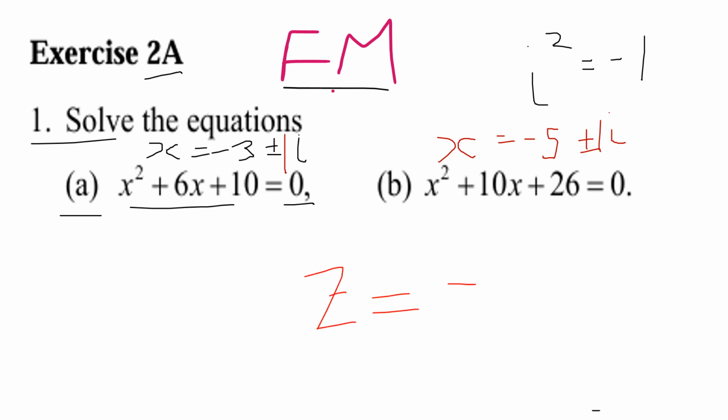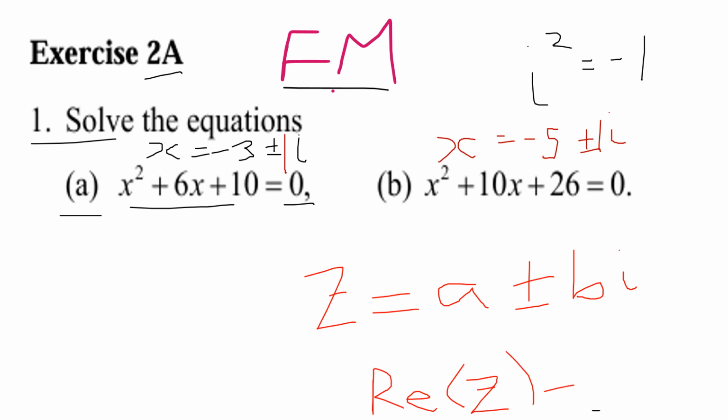So z equals a plus or minus bi, where the real part of z, Re(z), is equal to a, and the imaginary part of z is equal to the coefficient of i or j, which is plus or minus b.